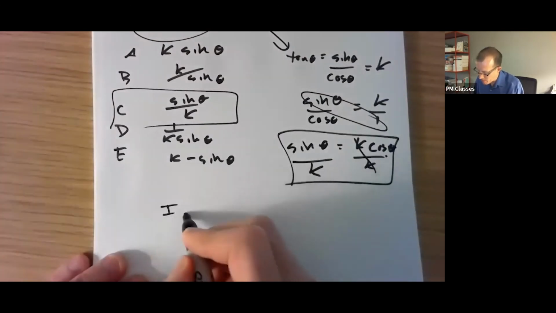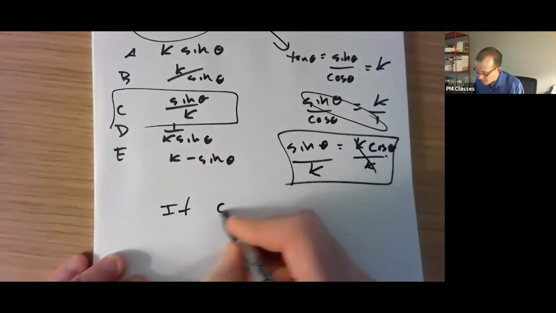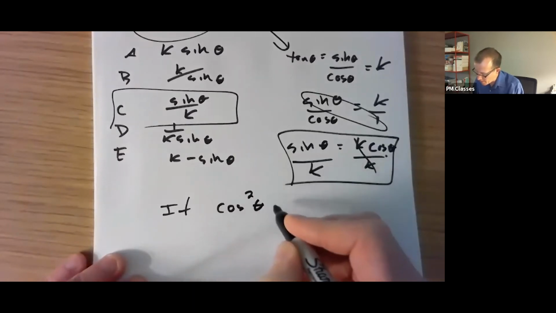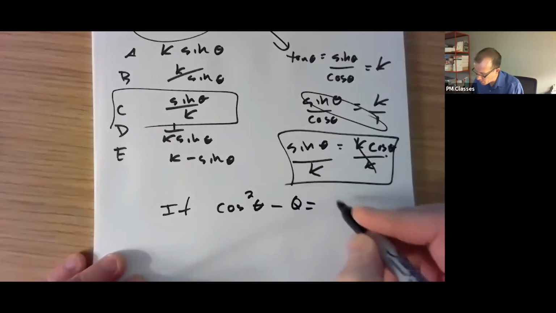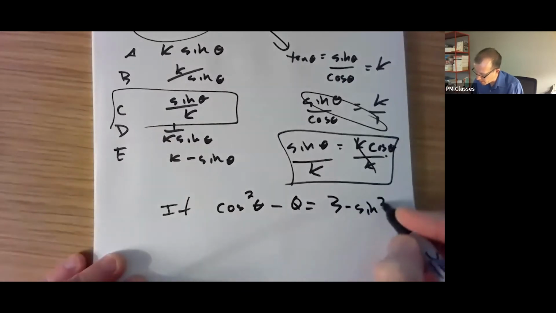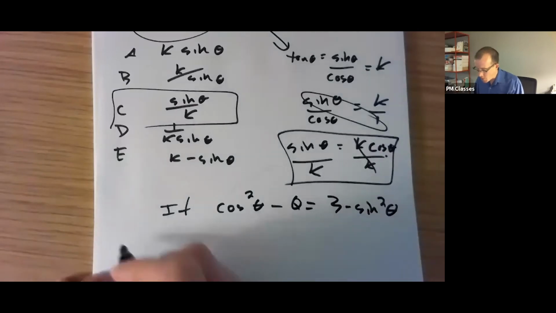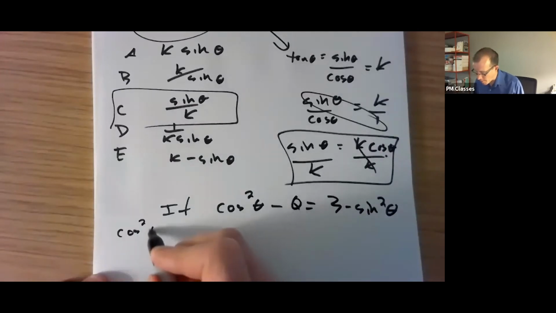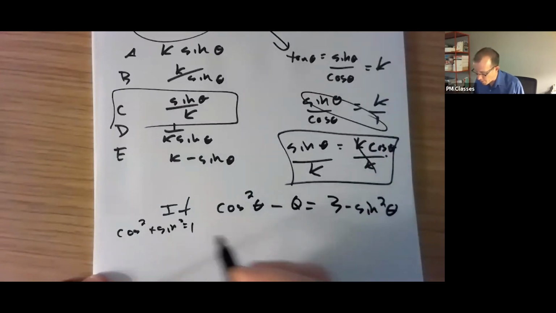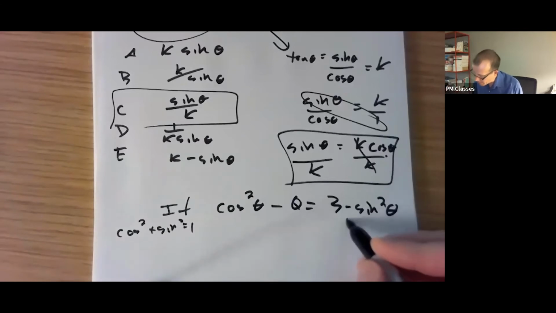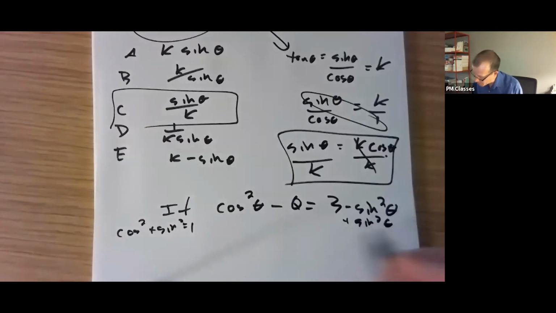Second problem might be something like this. If cos squared theta minus q equals 3 minus sine squared theta, what the heck does q equal? All that we need to do, knowing that cos squared plus sine squared equals 1, is put those things together. So I'm going to add sine squared to both sides.